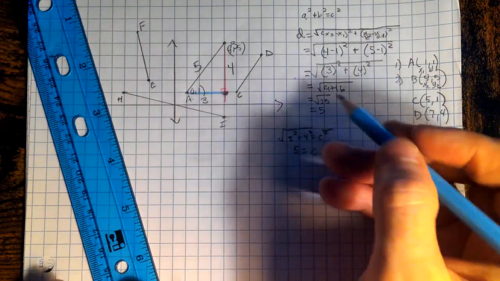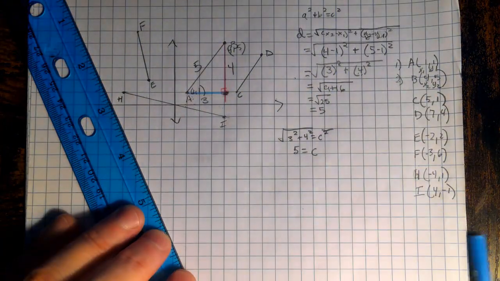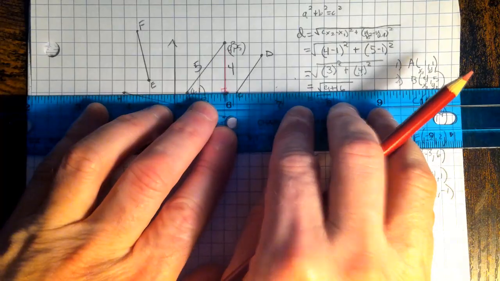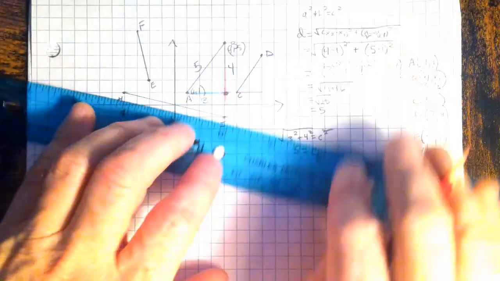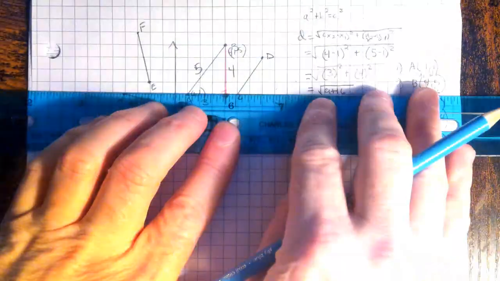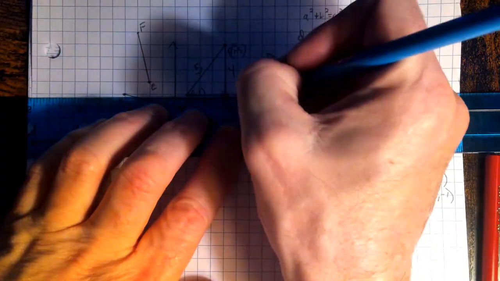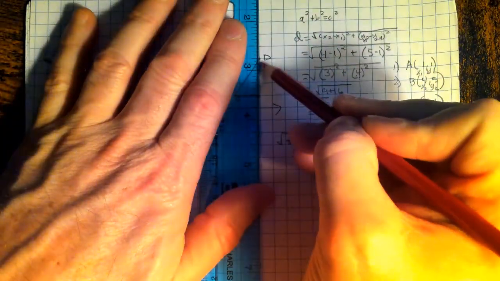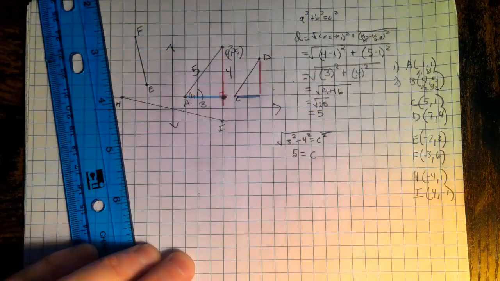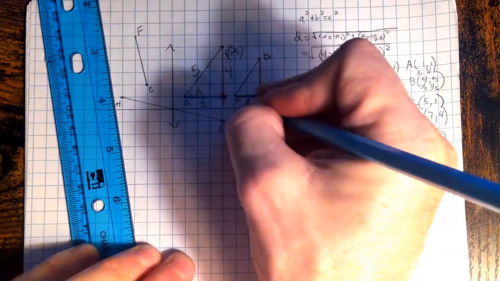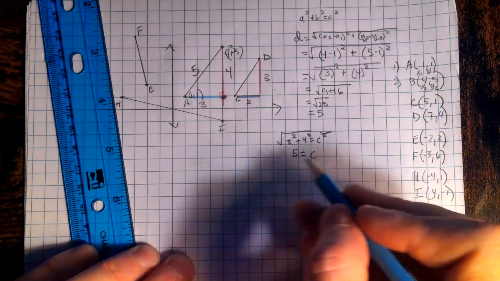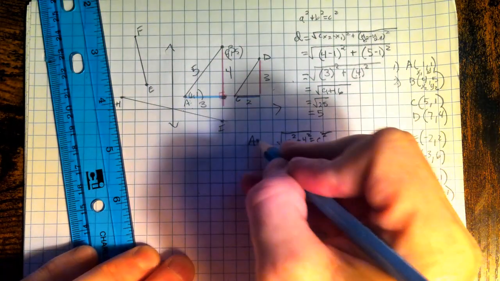And of course that would just give us that 5 for the value of c in that diagram. So let's look at this next triangle and see if we can speed this up a little bit. We are just doing the same thing. I'll stay consistent: I'll use blue for the horizontal, and red for the vertical, and you see that when I do that, I end up with 2 units this way and 3 units this way. So that was for segment AB.